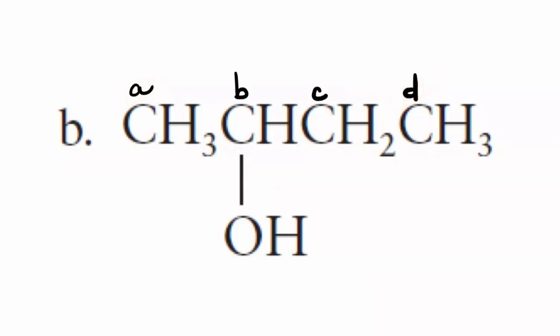Then let's look at B and C. I'm going to start with carbon C. Carbon C has two hydrogens, and in order for a carbon to be chiral, it needs four different groups.